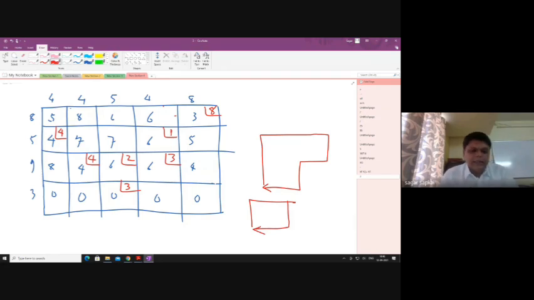Then the next unoccupied cell with lower cost is 4 4. There also a loop is possible. But if you consider 4 5, it is independent, from where a loop is not at all possible.